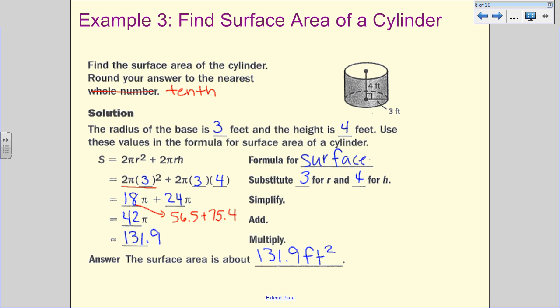And so when you add those together, you're getting the same answer of 131.9 feet squared. So it doesn't matter where you do your calculations. Doing it in the middle of the problem is probably a little more comfortable for some of you. So if you skip this step here and go right to the multiplication, that's fine.